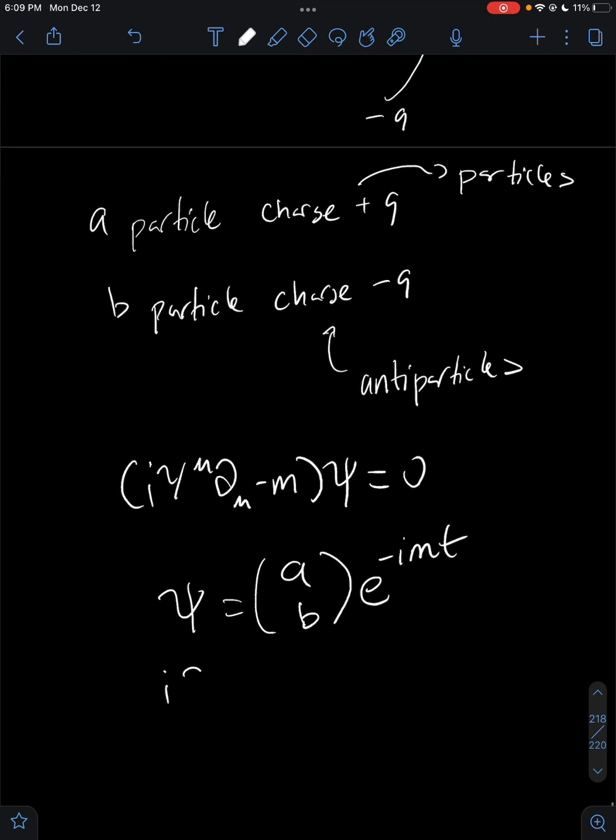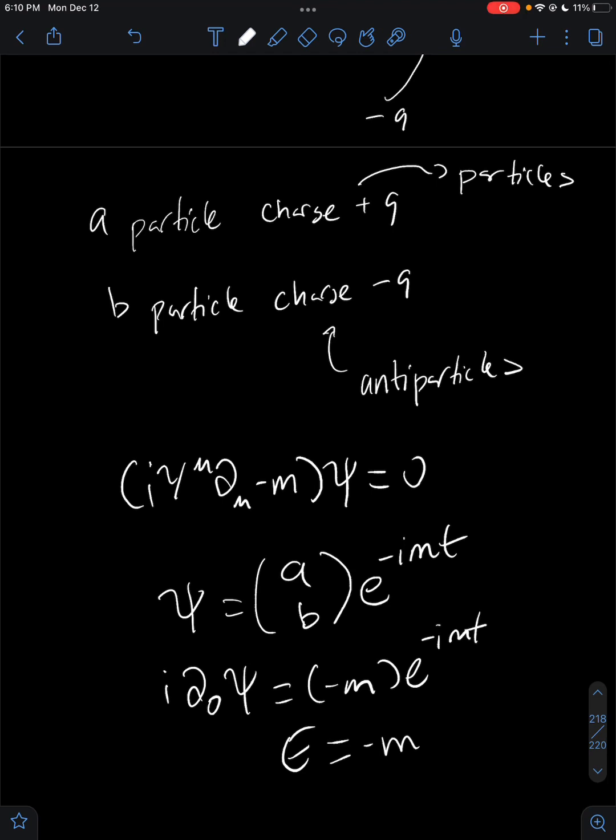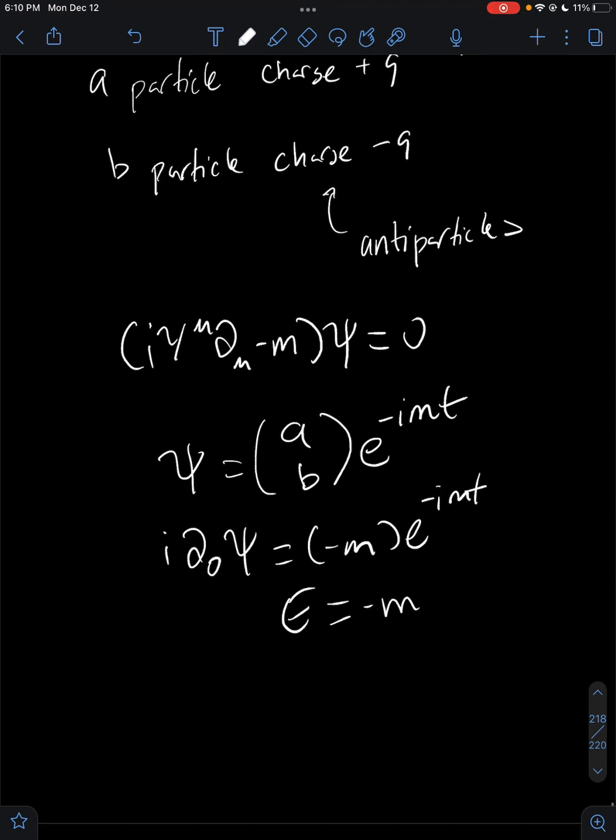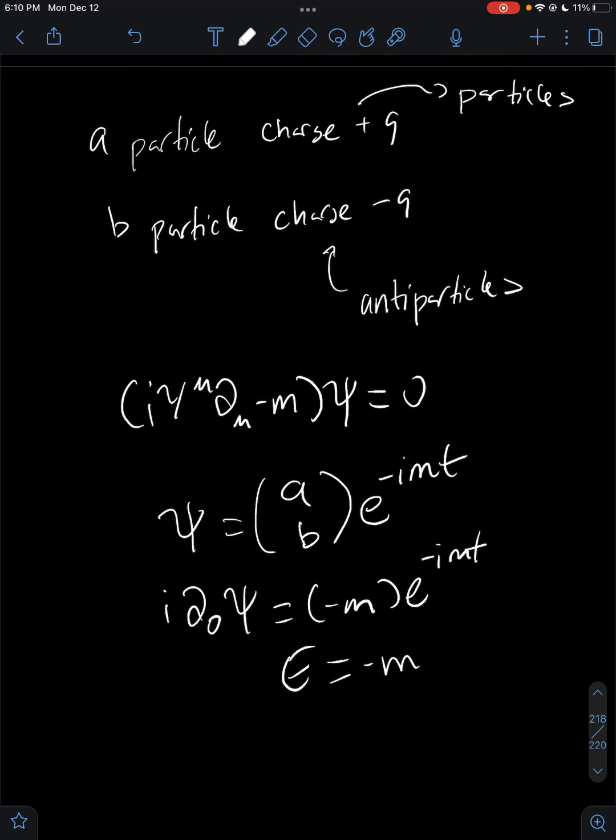And if you were to plug this into the Schrödinger equation, you'd get something like this, implying that the energy is negative. I mean, you could make the energy positive by requiring the mass to be negative, but if the mass is negative, then we have particles repelling each other because of gravity, and that's pretty weird. So Dirac made his whole C concept to sort of circumnavigate this negative energy problem, but it wasn't really very satisfactory. So how does quantum field theory solve this problem?